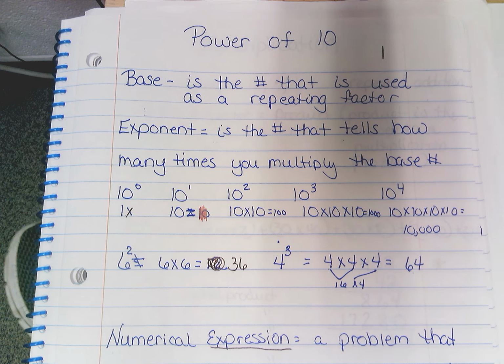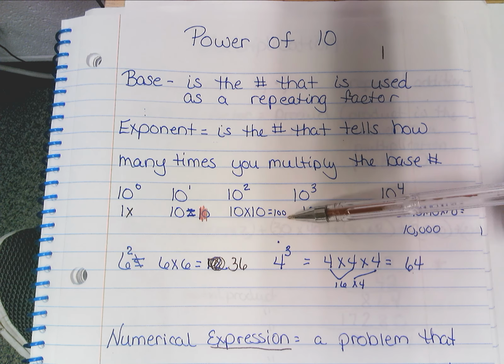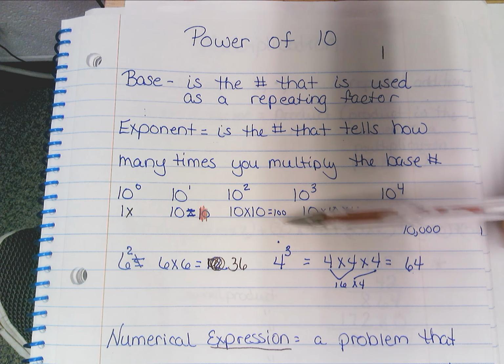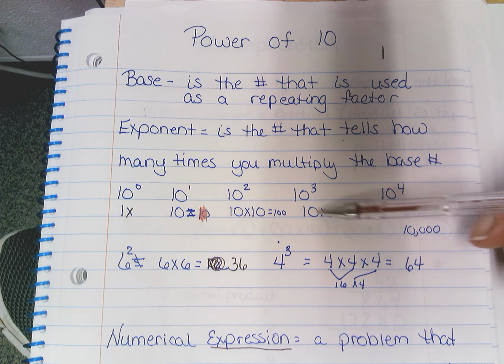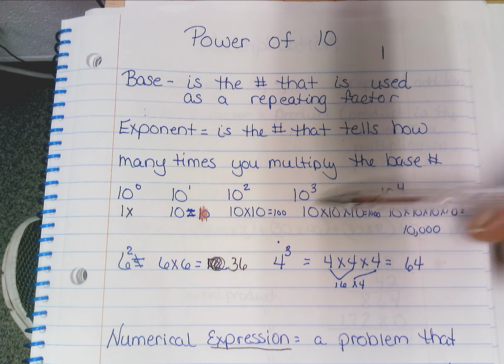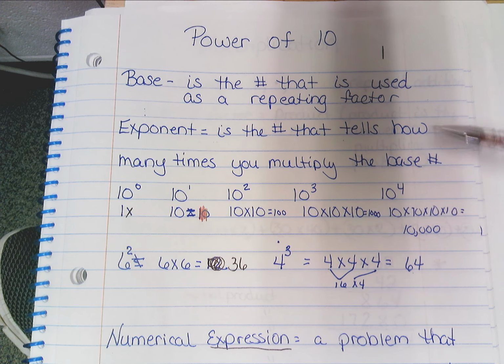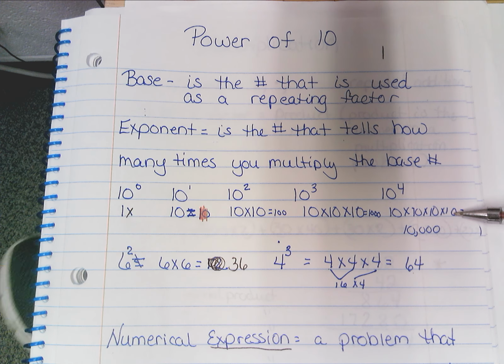Now, a common mistake that a lot of kids make is they go 10 times 10 is 20. It's not 10 times 2, it's 10 times 10. 10 times 10 is 100. If I look at it here, 10 times 10 is 100, times 10 more is 1,000, times 10 more is 10,000.